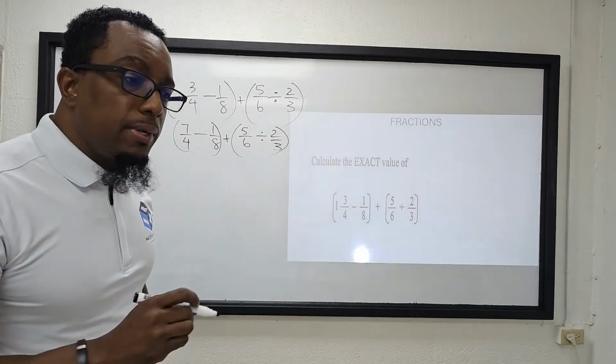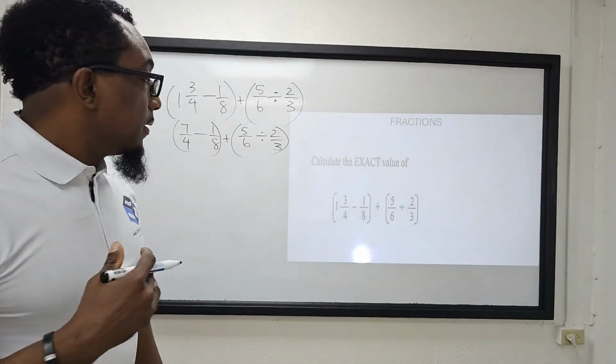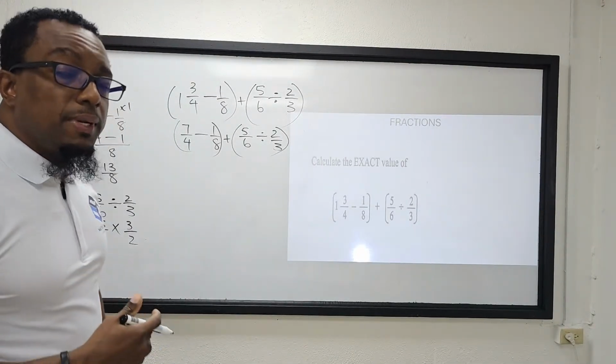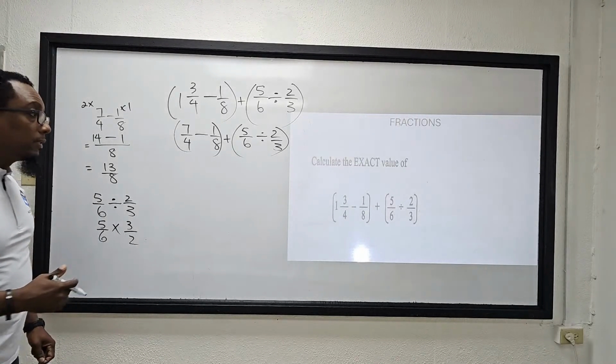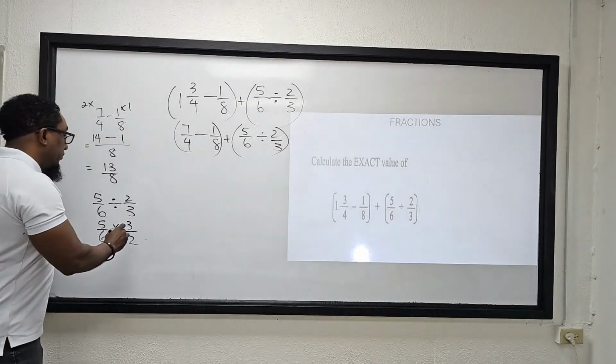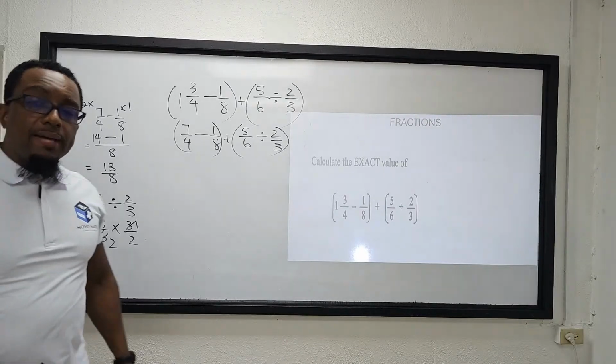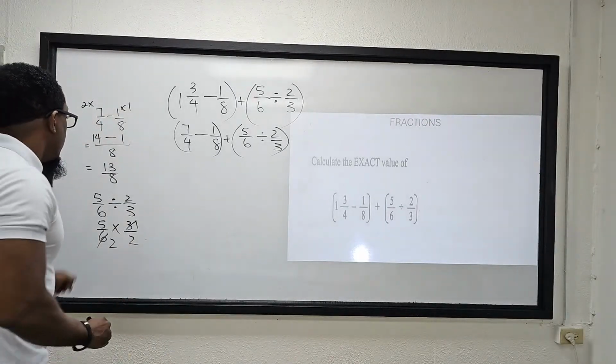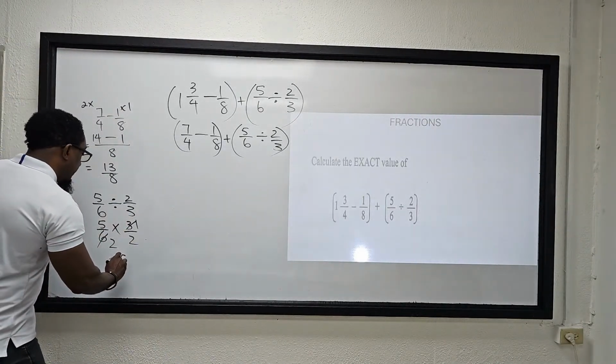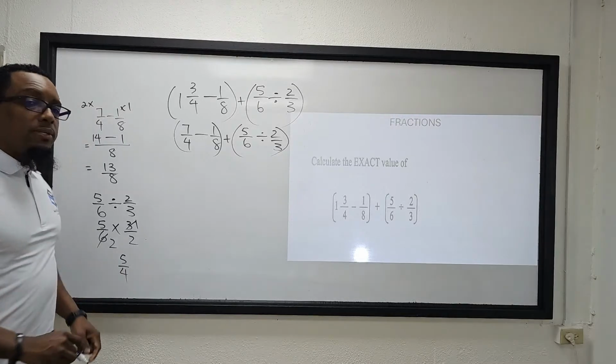So we are now going to implement our knowledge of multiplying fractions. We're going to see what factors are common to both numerator and denominator. I can say 3 into 3 is 1, 3 into 6 is 2. There are no other factors common, so I'm going to multiply 5 by 1 to give me 5. 2 by 2 will give me 4.